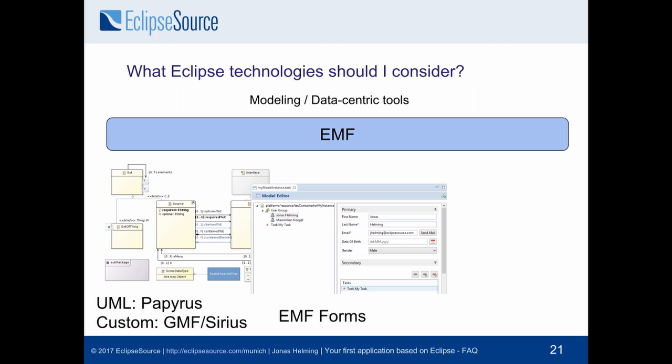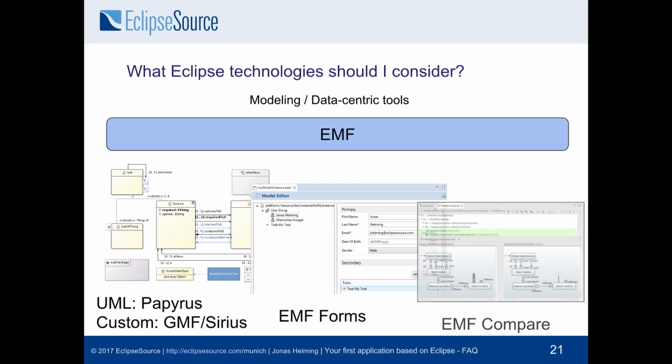Pretty active framework. If you want to compare things, meaning if you have two states of your data and you want to show the user the difference between both, pretty complex problem to solve. Luckily, there is a framework which takes care of that and provides a lot of features out of the box.